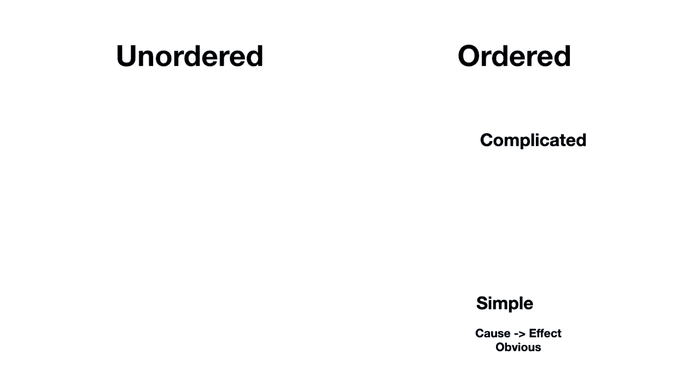Another type of ordered system that we conceive of is a complicated system. And in the framing of relationship between cause and effect, these types of systems require analysis. An example here would be a car engine, where if there's a fault, you might have to do some analysis, see which components are failing or not, and then determine the cause of the problem.